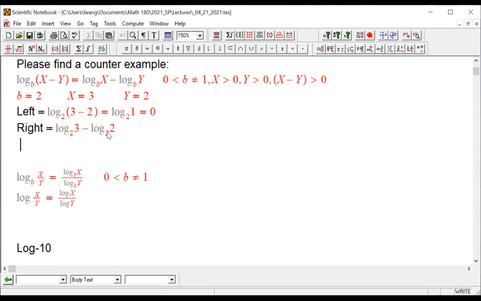Okay, and then what? This is going to be 1. Or you subtract these two, and this is not going to be 0. You don't even have to go this far. You just say this is not 0.